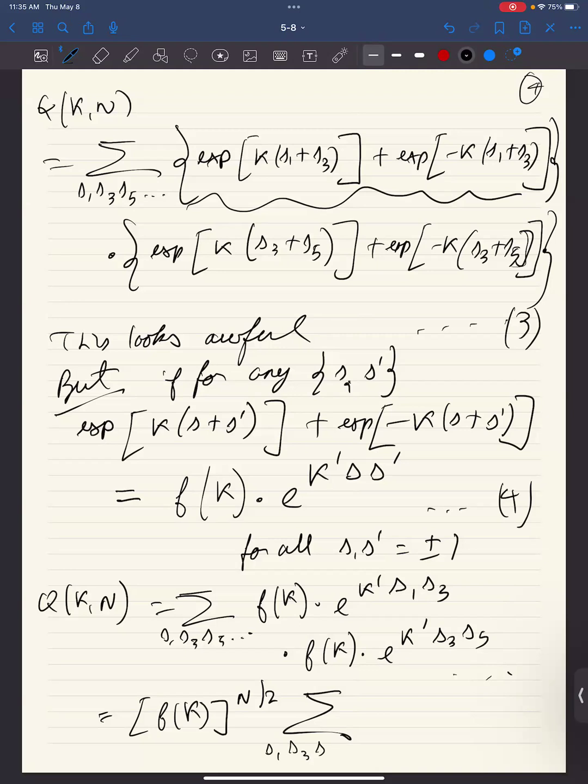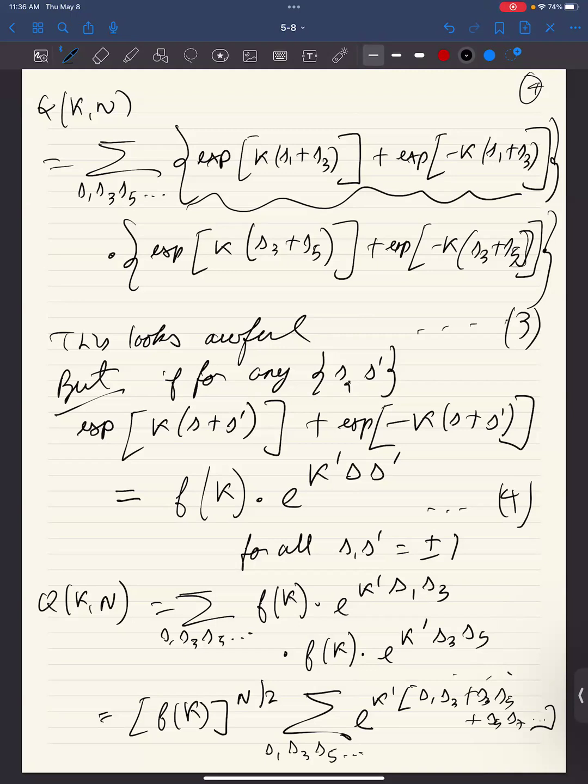And I will have the sum over s1, s3, s5, and inside, e to the power k prime multiplied by s1 s3 plus s3 s5 plus s5 s7. Now that is just the Ising model, right?